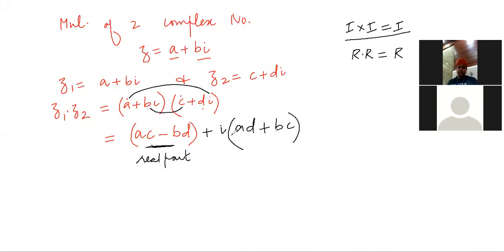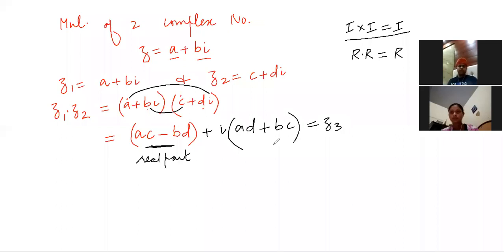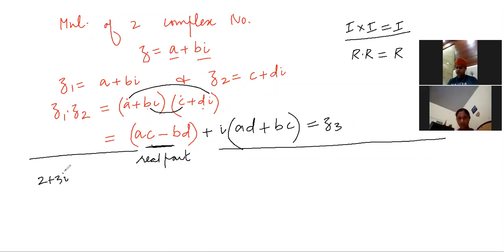Guys, this is the resulting complex number. We can name it Z3. So I'm going to do a quick multiplication of two complex numbers. Let's say I have a complex number 2 + 3 iota, that is Z1, into, let's say, 4 + 2 iota. This is Z2.